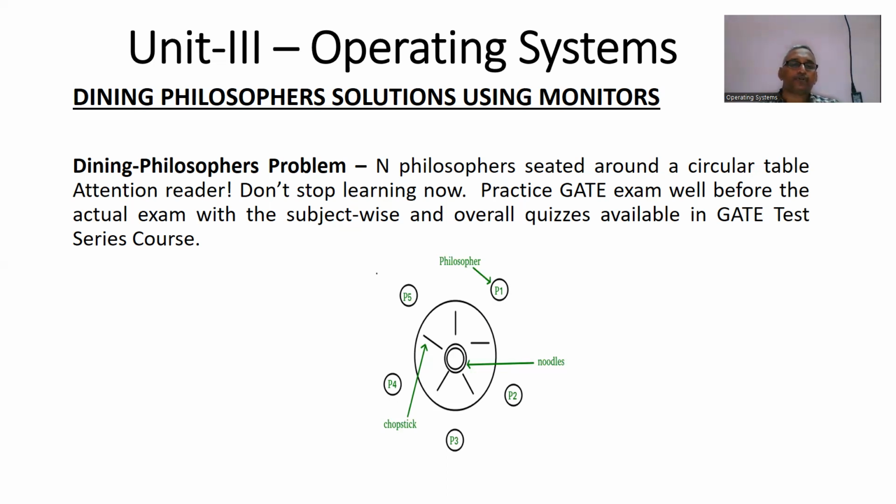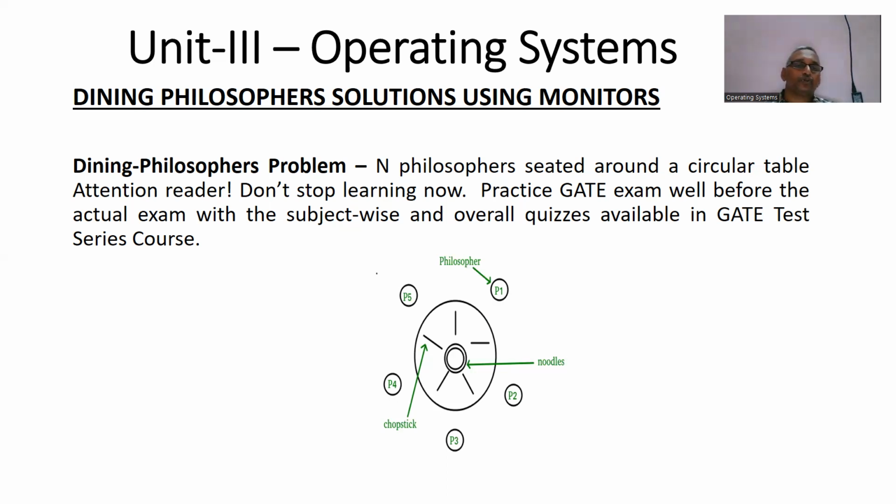The solution imposes the restriction that a philosopher may pick up chopsticks only if both of them are available. To code the solution we need to distinguish among three states in which we may find a philosopher. For this purpose, we introduce the following data structure: thinking, hungry, and eating.